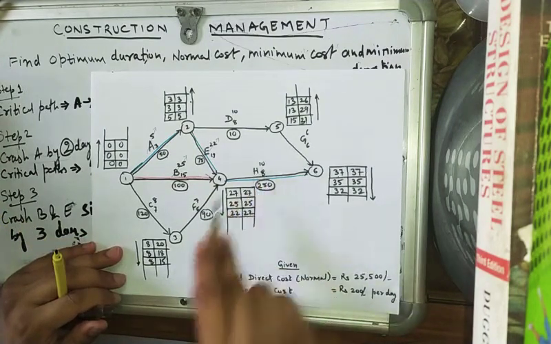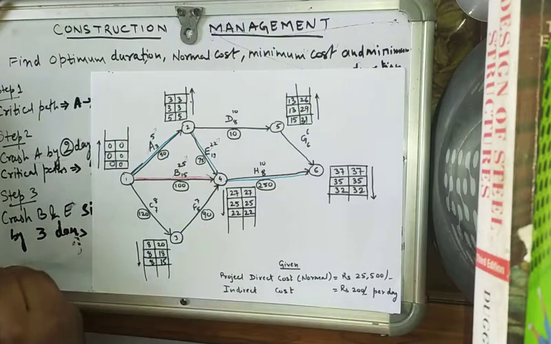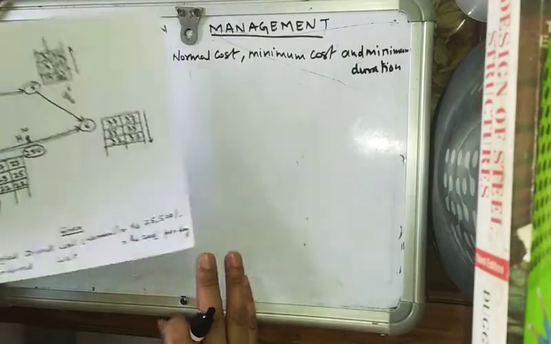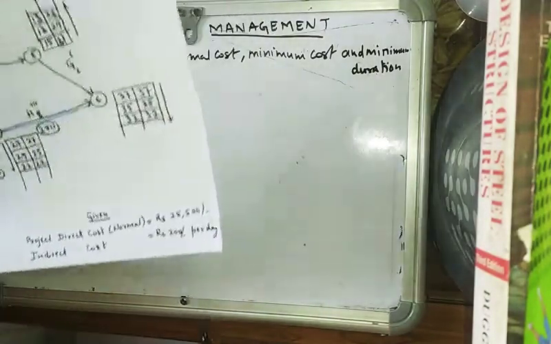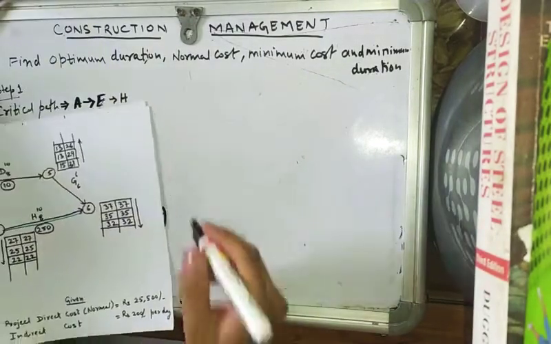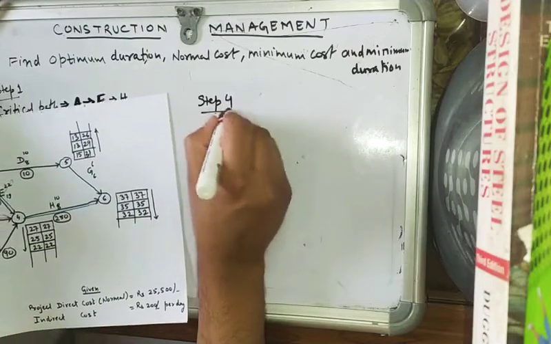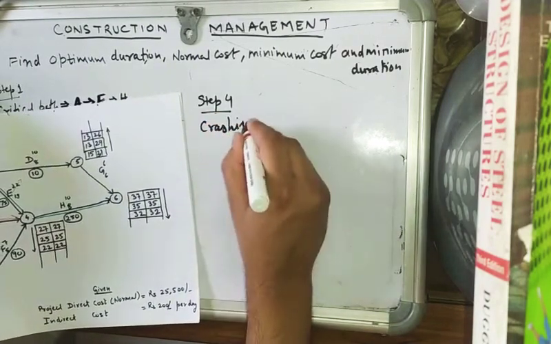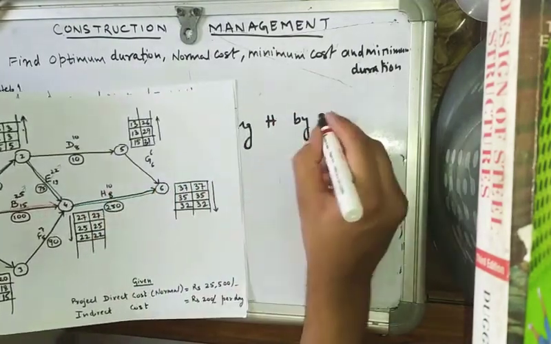Now the only activity left is H. So step number 4 will be crashing H by 2 days.